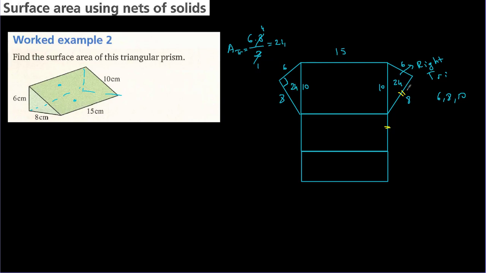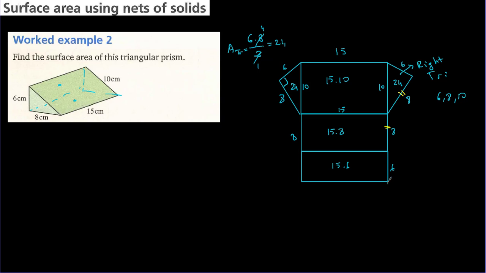This is also 24. Then this length is 15 for all of them, but this length is going to be 8. So this is 15 times 8. This is 15 times 10. And this is 15 times 6. Also, you can do it like this, since it is all 15 times something.